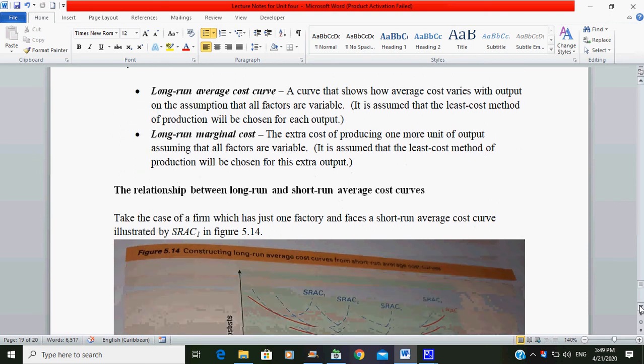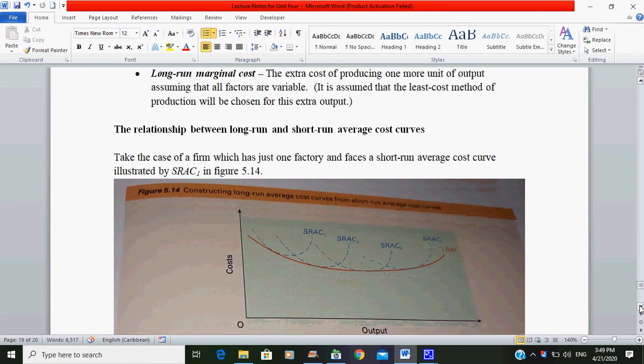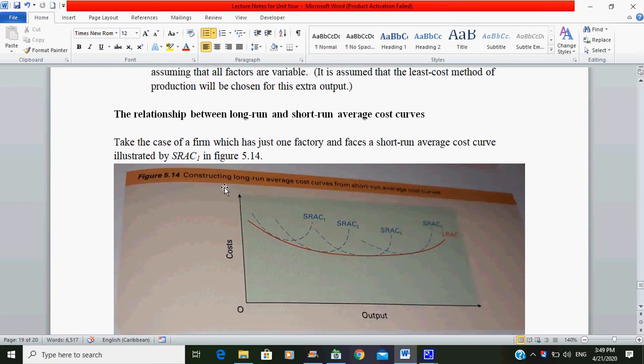The relationship between long run and short run average cost curves now. Take the case of a firm which has just one factory and faces a short run average cost curve illustrated by SRAC1 in figure 5.14.